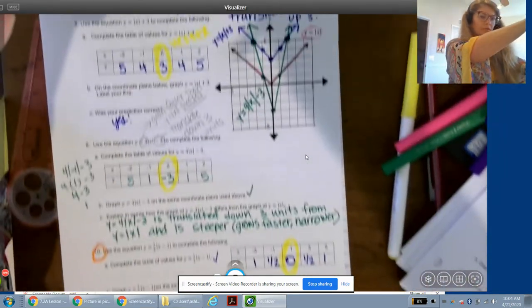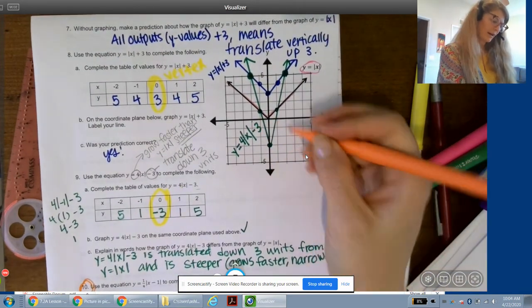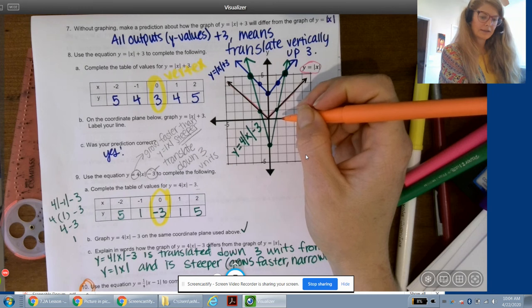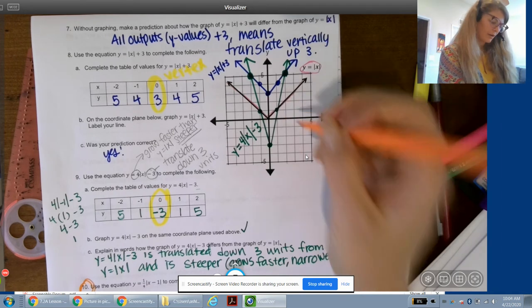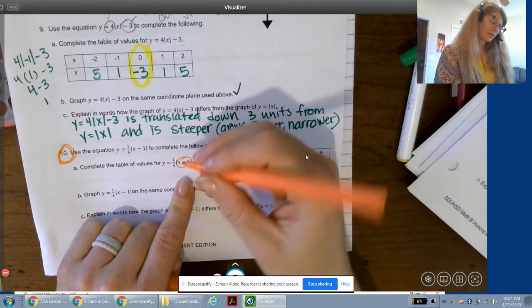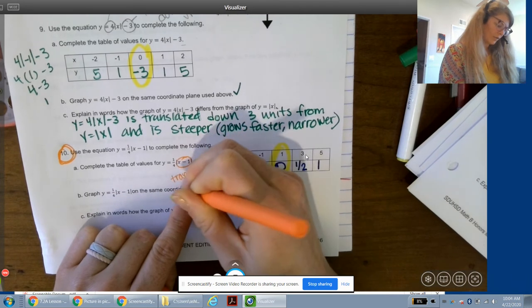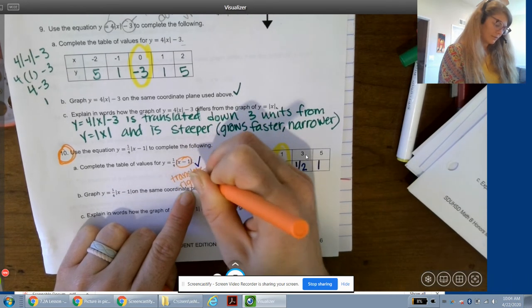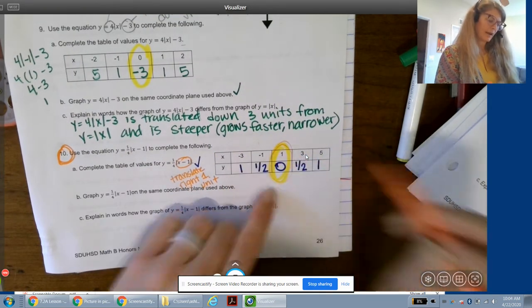Taking a look, we have 1, 0 as our vertex, and that's because, remember, if we look at our equation, on the inside, we're subtracting 1, which means we're going to translate right 1. So that's what this is telling me.